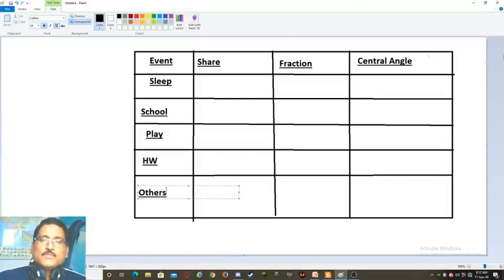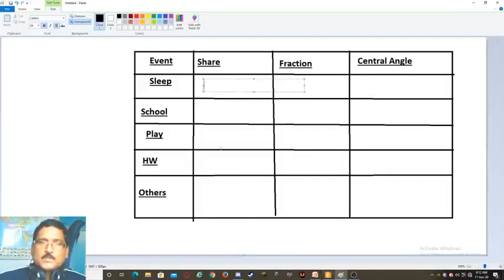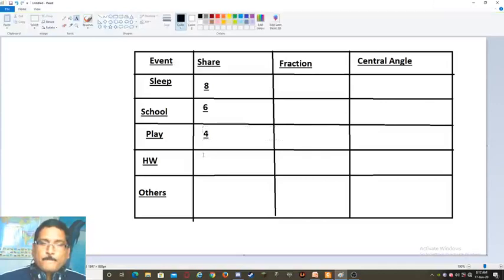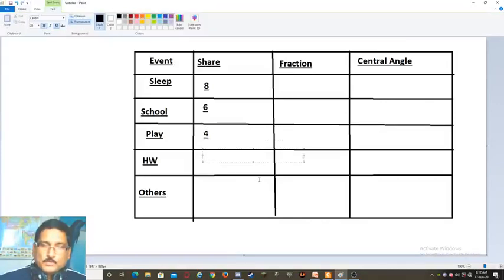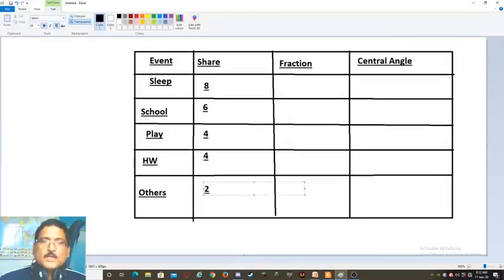Okay, individual part. What is the individual part? 8 hours, 6 hours, 4 hours, 4 hours, 2 hours. Sleep 8 hours, school 6 hours, play 4 hours, homework 4 hours, others 2 hours.